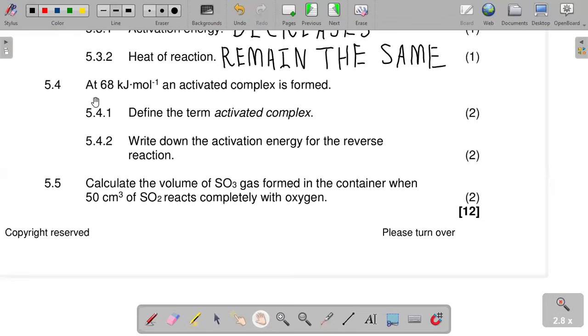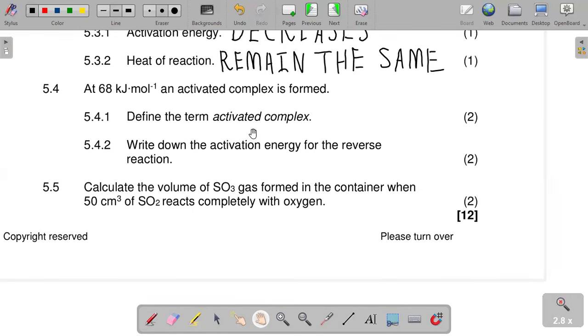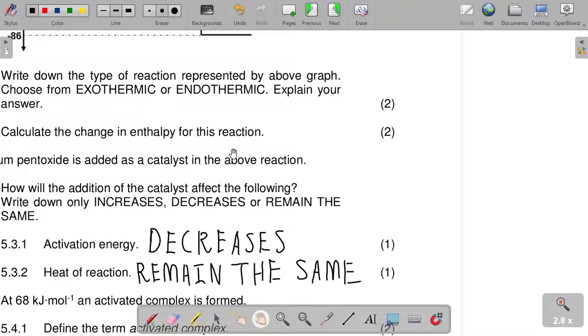And then they say at 68 kilojoules per mole, an activated complex is formed. Define the term activated complex.